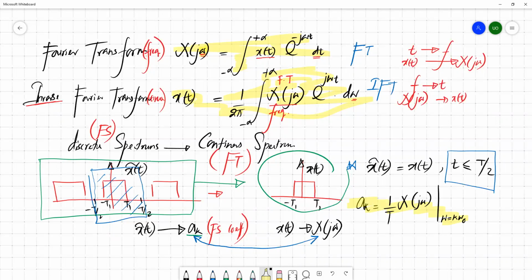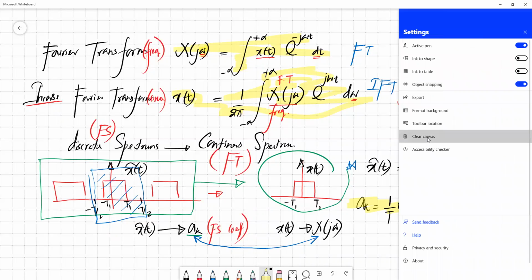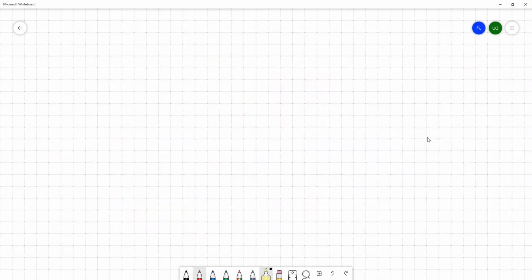If we take a small example, let's think of this. We have a triangular form. This is x t.